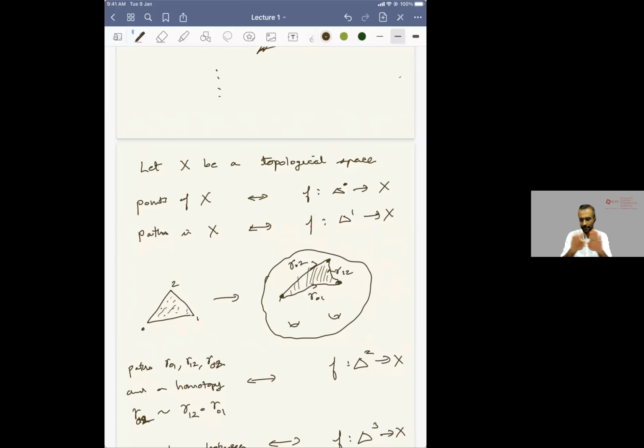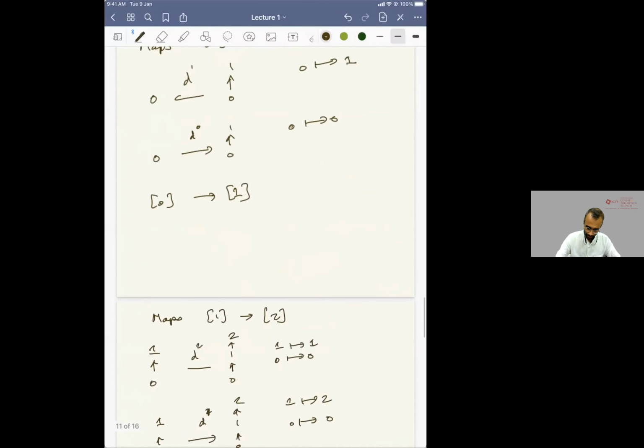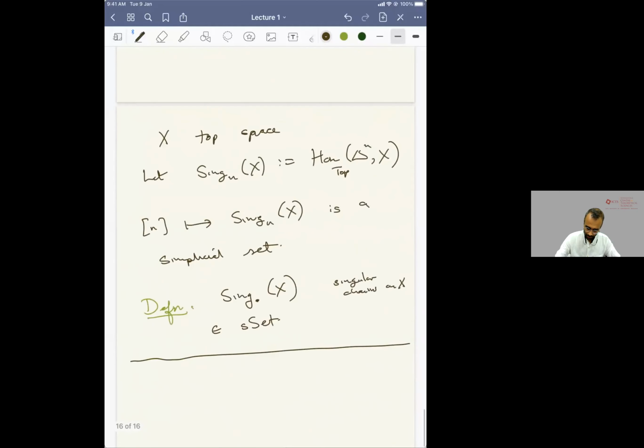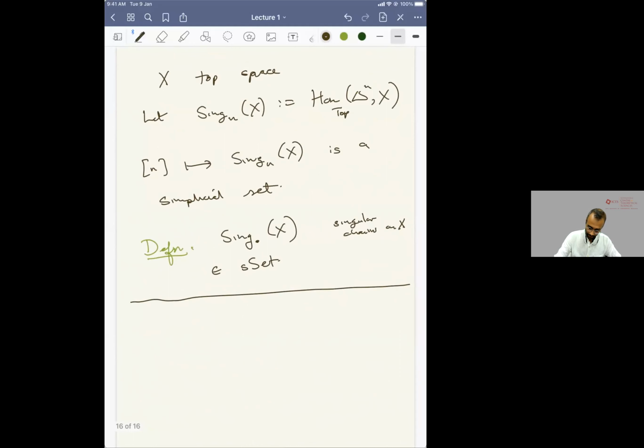And I can stick two triangles together, two of the diagrams in this picture, to get a higher dimensional one. When I compose two such homotopies, they will form the boundary of a tetrahedron, and so on. Right? So let me just show you, a higher homotopy would be something like, I have a tetrahedron in my space.